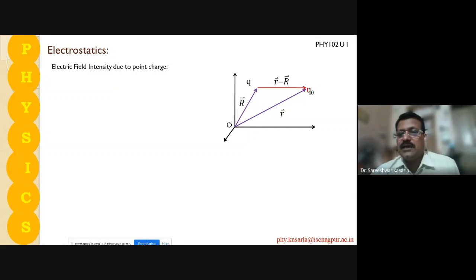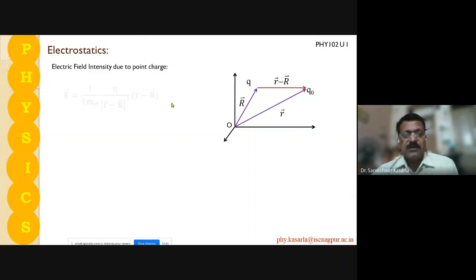So here is the point where one has to find the intensity, whose position vector is small r. Okay, the diagram is clear. We apply the triangle law. This vector will be equal to small r minus vector capital R.